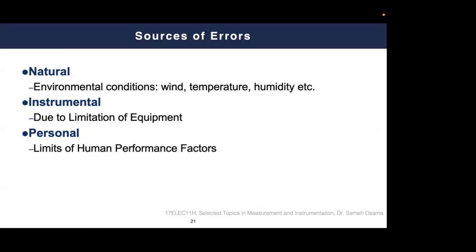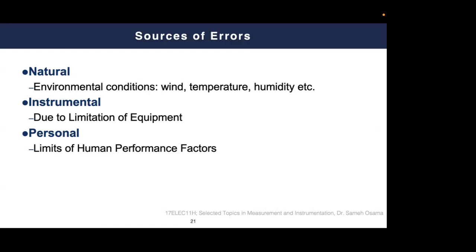For example, if I have a load cell that measures weight, and I put a calibrated weight of 1 kilogram on it and find 1.05 kilograms, that means I have a 50 gram error associated with this measurement. This is not environmental. This is mainly due to the error in the instrumentation itself used to measure the object.